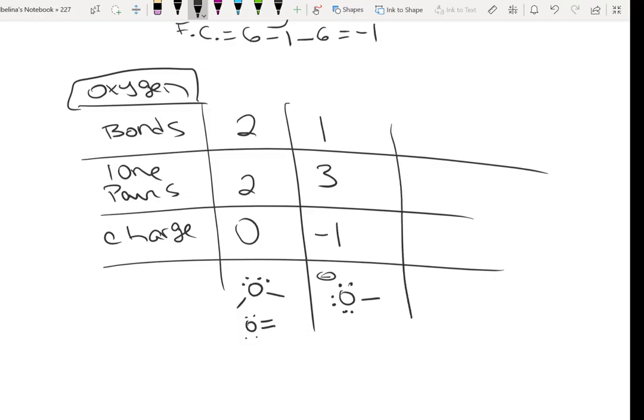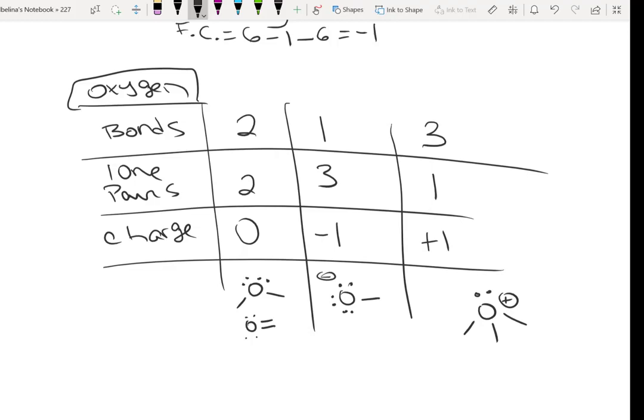The other formal charge to remember for oxygen that's very common is +1, and that occurs when oxygen has 3 bonds and 1 lone pair. So kind of the opposite. It's going to be +1. We see that commonly with hydronium and protonated alcohols.